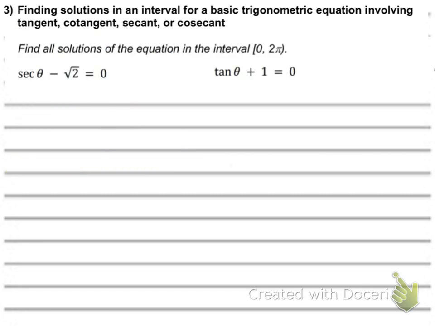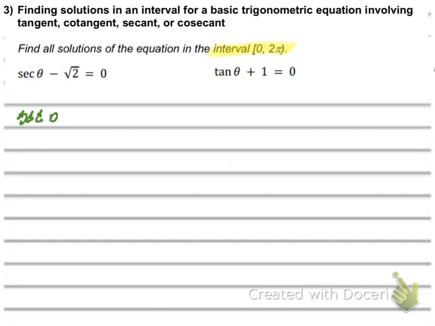Next, we're going to do the same thing, but we're finding solutions in the interval. So notice this says interval, so that means we don't need the 2k pi, right? It says all solutions, we do need the 2k pi. So doing the exact same thing, we're going to add root 2 to both sides.